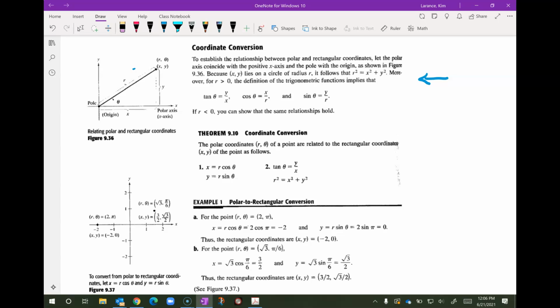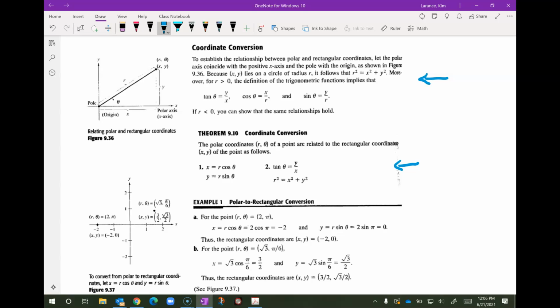So we're all more comfortable with rectangular coordinates. It's just that's what we learned how to graph with, and so that's going to be our fallback every time. But here are our coordinate conversions that you're going to need to know whether you're going from polar to rectangular or rectangular to polar.